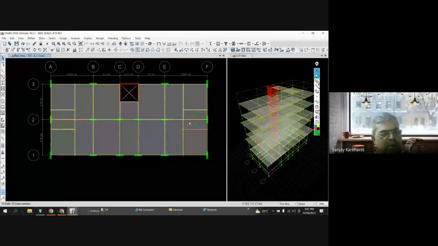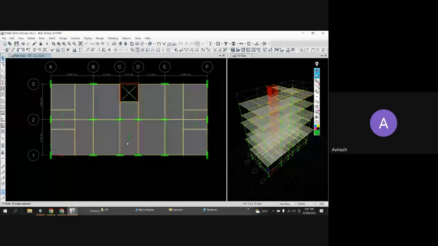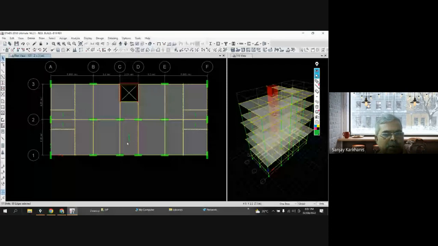Now, actually, this is horizontal in our case, but actually it is sloping. So I will not select this. All horizontal floors, you can see that I have selected except this staircase. Clear? Yes, sir. Right?